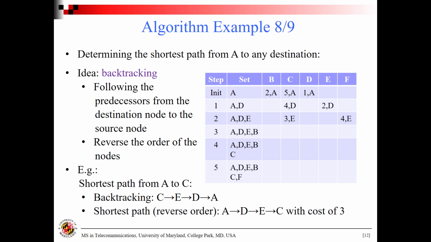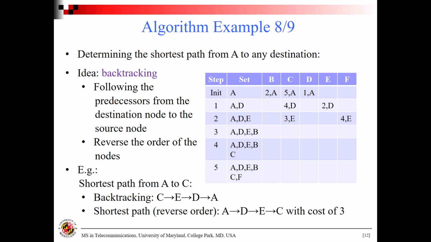We start from the destination node and go to the predecessor of the destination node. Then from there, we go to the predecessor of the predecessor, and so on and so forth. So you just follow these links backwards until we get back to the source node.